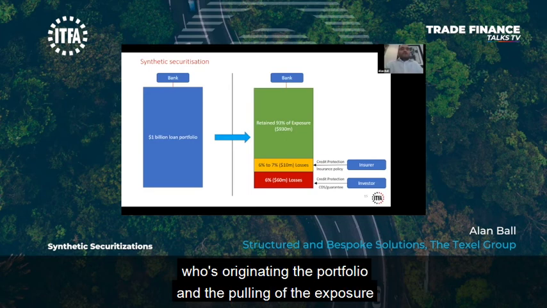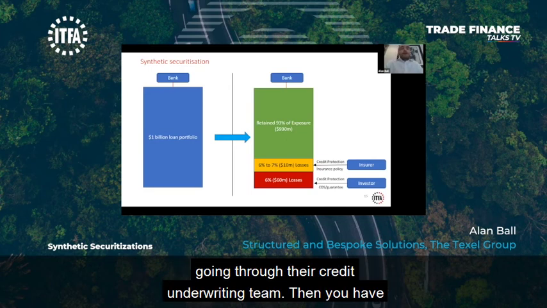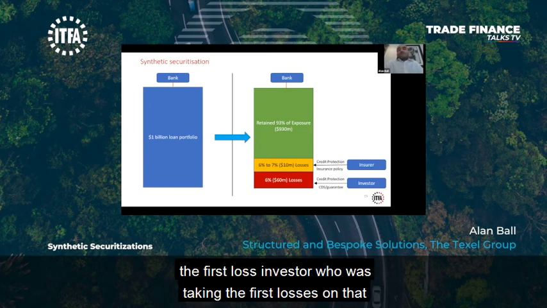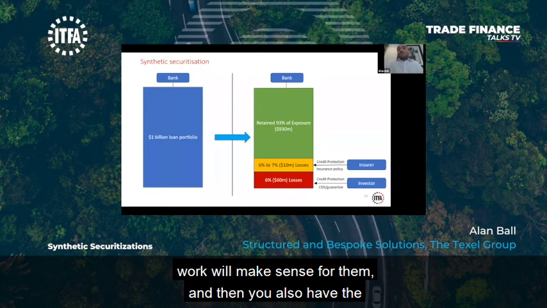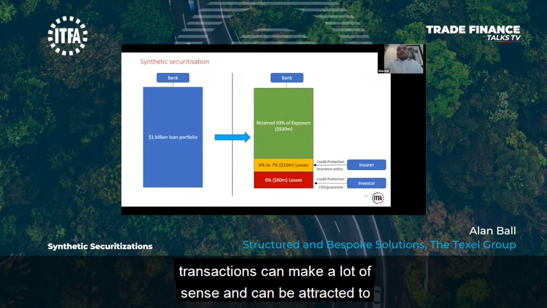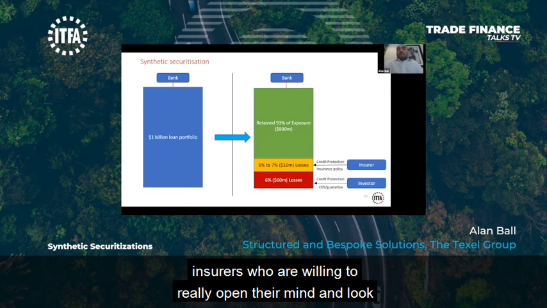You have the bank who's originating the portfolio, and the exposure going through their credit underwriting team. Then you have the first loss investor who is taking the first losses on that portfolio, and they scrutinize the portfolio, make sure that it works and makes sense for them. And then you also have the underwriter taking a look at the portfolio as well. So these transactions can make a lot of sense and can be attractive to insurers who are willing to really open their mind and look at them.